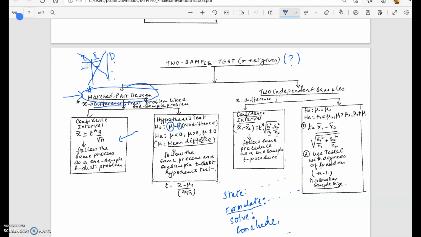Solve is basically the calculations, the setting up. If it's a hypothesis test, for example, you set up the null and alternative hypothesis, figure out the t, use table C to find the p-value, and then make a formal conclusion.